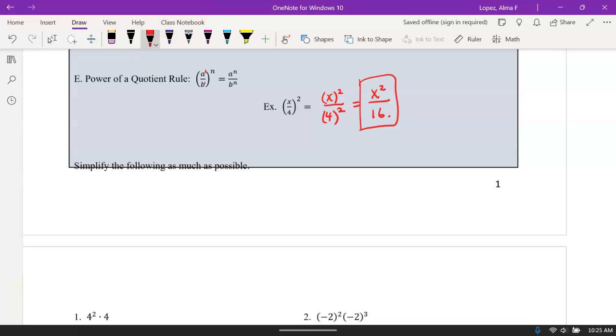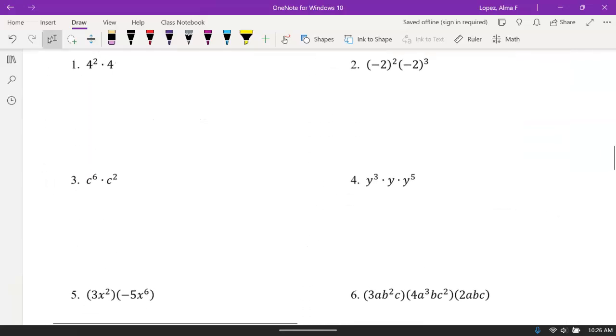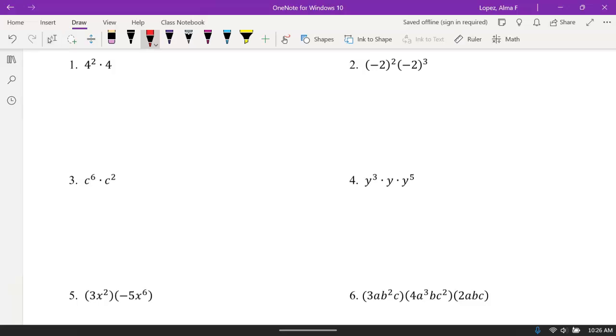Now, let's go ahead and look at some examples. If you have 4 squared times 4, well, just a plain 4 actually has an exponent of 1. So if we wanted to use our rules, these are like bases, aren't they? If you're multiplying 2 4s together that happen to have exponents, I know that like bases, we add the exponent.